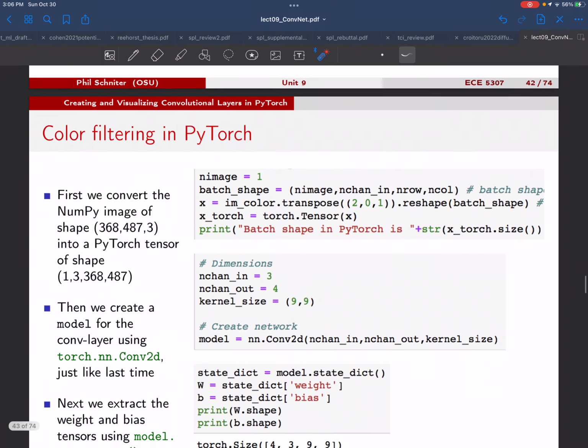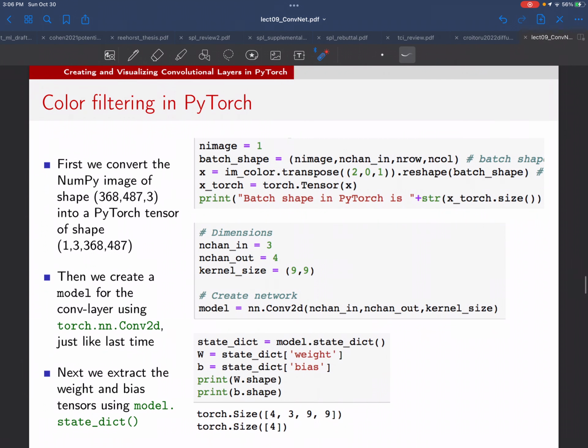Okay, so how do we do this in PyTorch? The first thing we have to do is convert the NumPy image of 368 by 487 by 3 into a PyTorch tensor of the shape that it wants. So we just define a few things. The number of images in our batch is going to be 1.